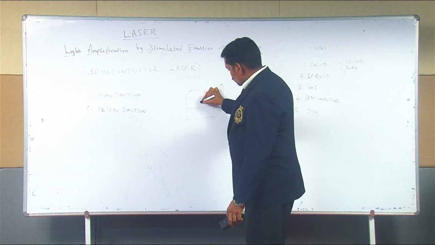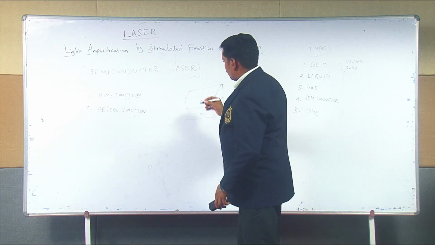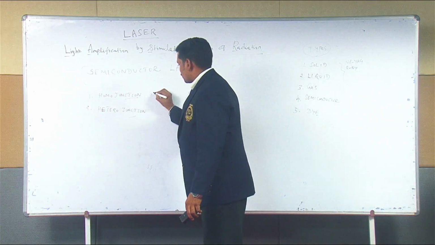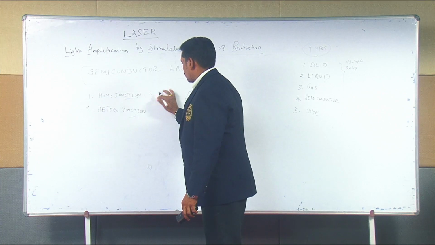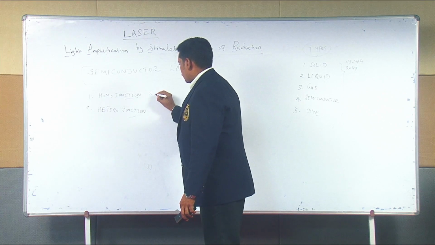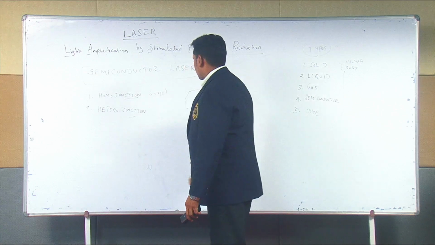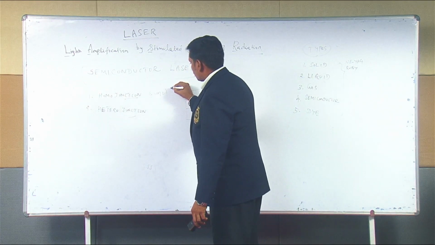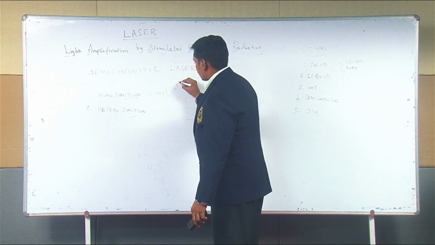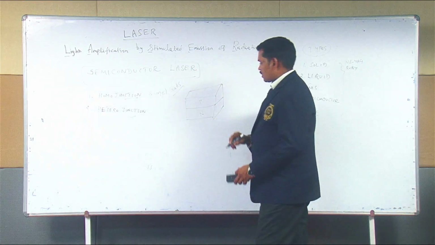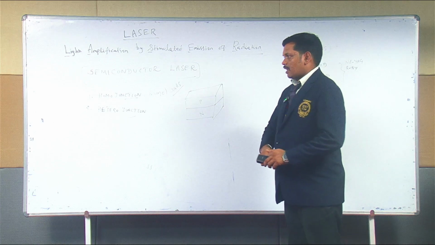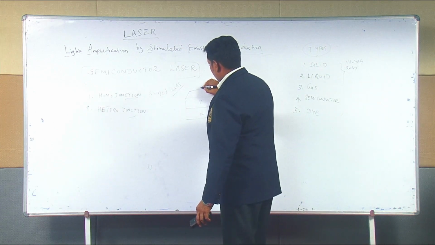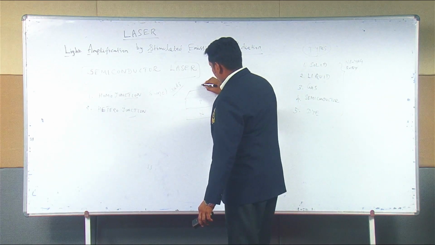If these two regions are made up of the same material, homo means same material, then we can say it is homojunction. For that we can use gallium arsenide. So both the materials are gallium arsenide, and it is connected with electrodes.